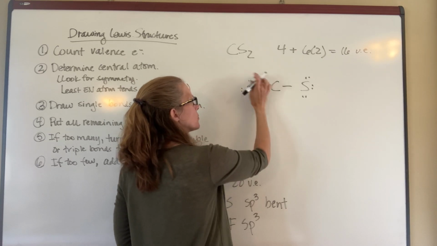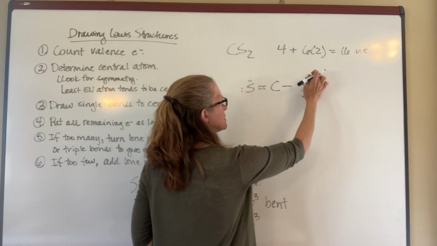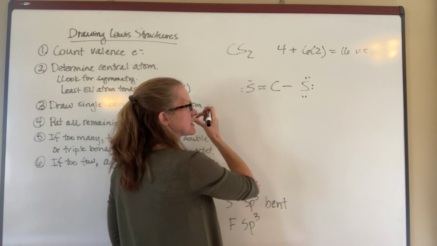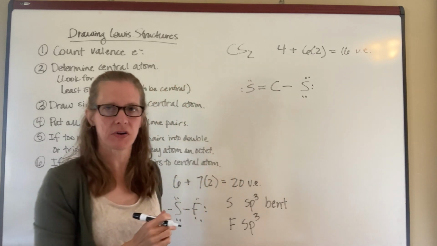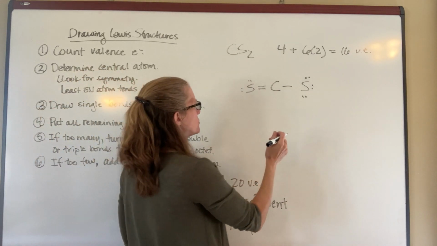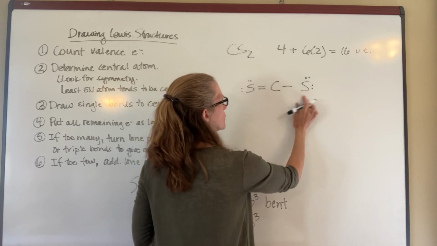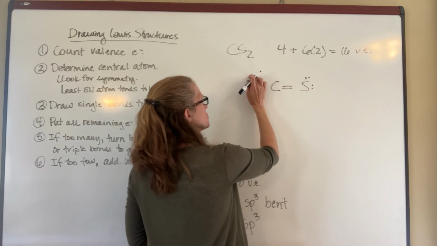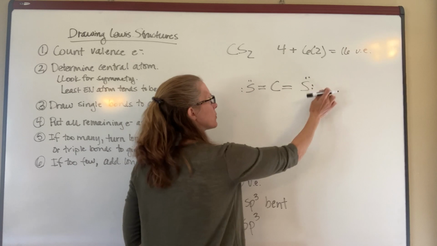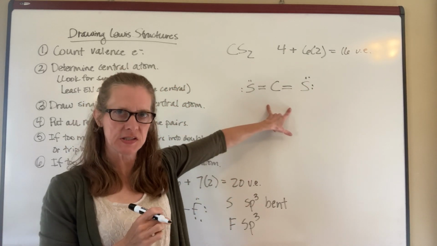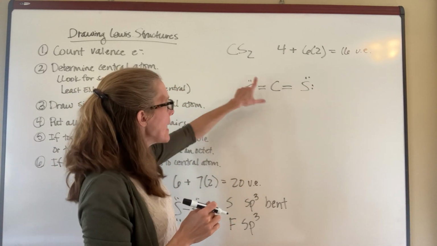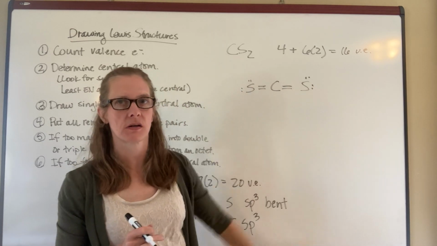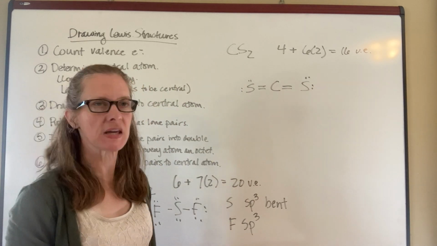Now where am I? 2, 4, 6, 8, 10, 12, 14, 16. I've used 16, but carbon still doesn't have an octet. So let's try moving one of these and sharing it. 2, 4, 6, 8, 10, 12, 14, 16. Still have 16 valence electrons. Now though, everything has an octet around it.